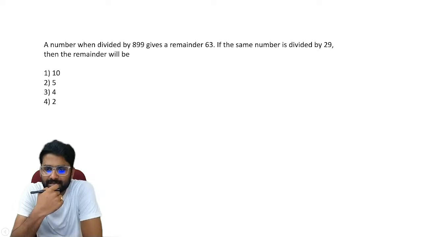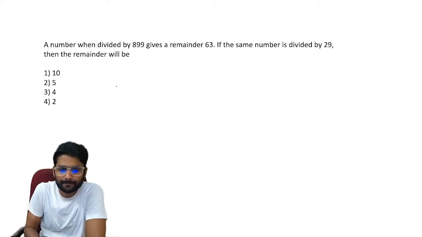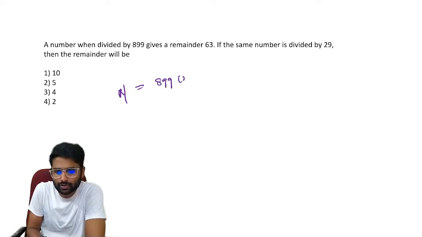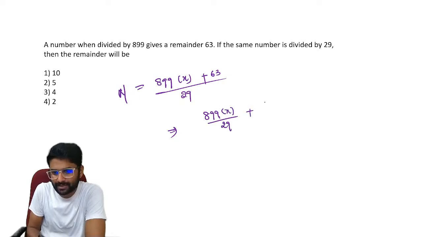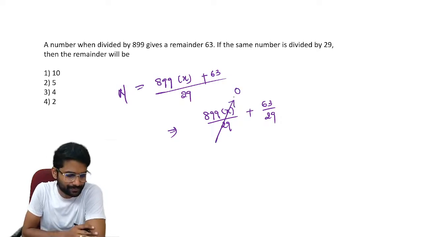The same number is divided by 29. What is the remainder? So here the number is divided by 899, the quotient is x and the remainder is 63. If the same number is divided by 29, then you have 899x divided by 29 plus 63 divided by 29. Here the remainder is 0.